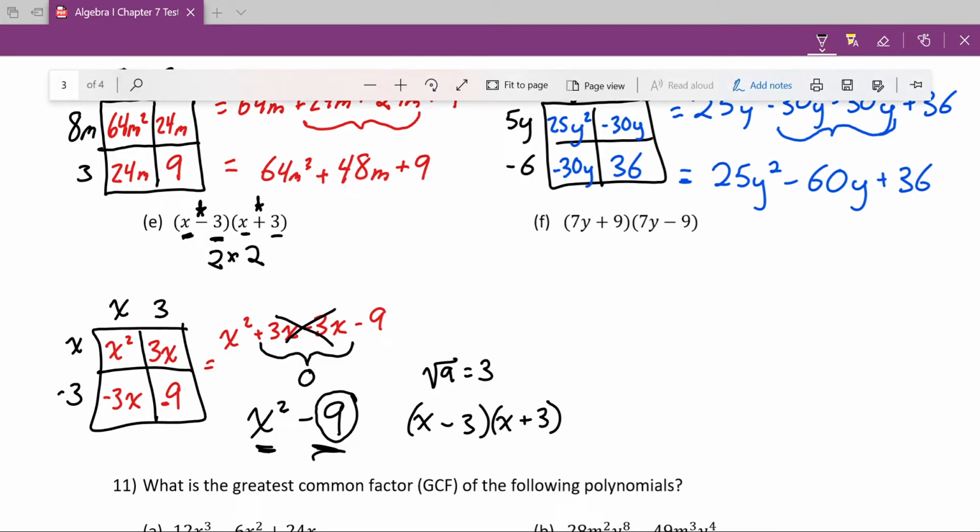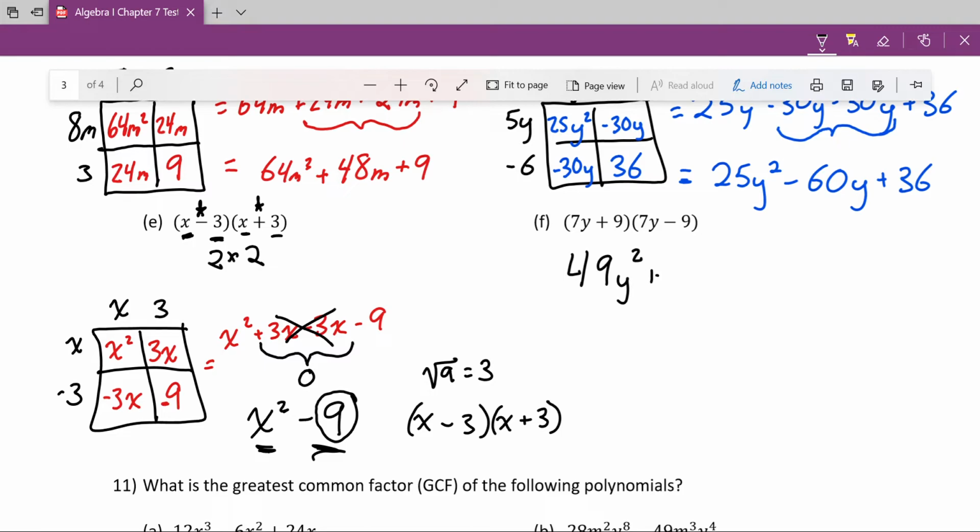So we're just going to go ahead and do 7y times 7y is 49y squared. So we're going to say 7y times 7y is 49y squared. All right. Now, because the middle term is going to get canceled, we don't need to worry about any term in the center.